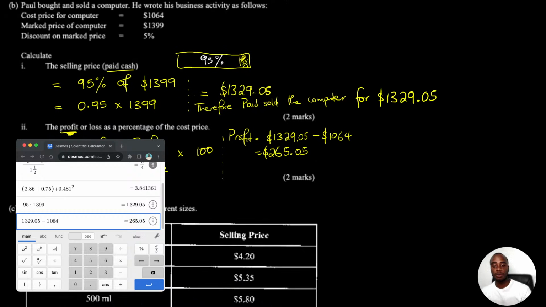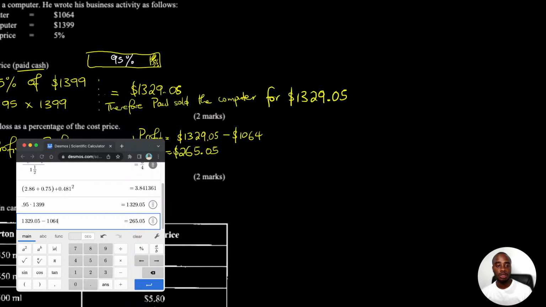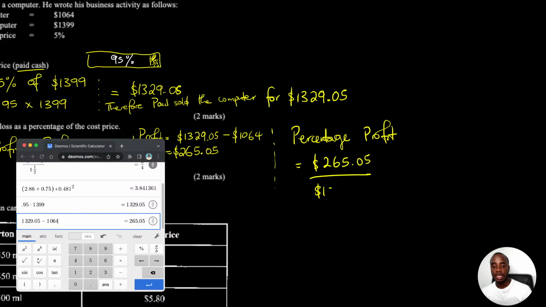So therefore, I should have left space below. The percentage profit is going to be equal to that $265.05 over the cost price, which was $1,064, times 100.